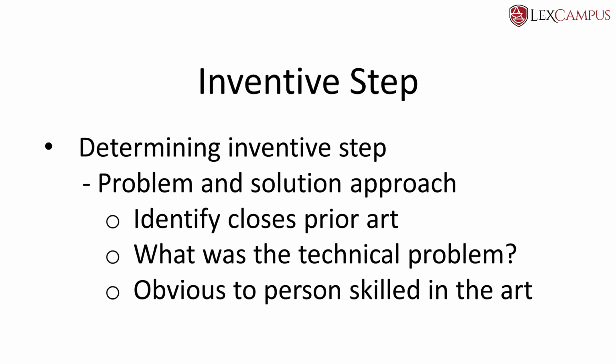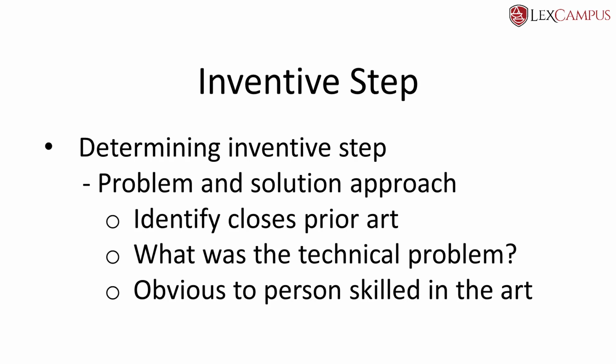The second step is to establish the objective technical problem to be solved. Now, we identify the closest prior art, and the second step is to establish the objective technical problem. These are phrases which have come from the European courts.